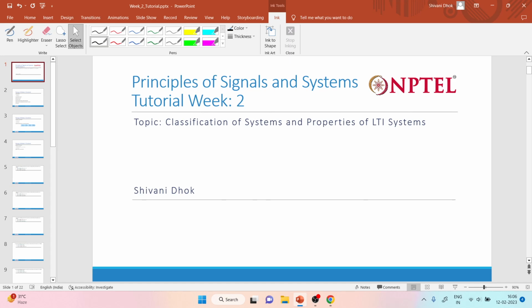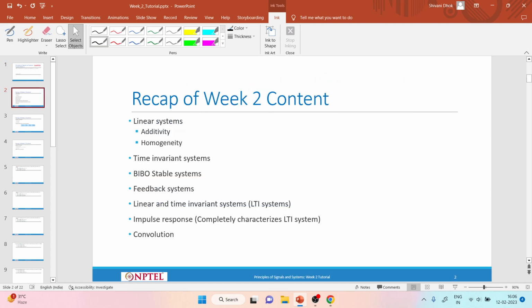Okay, so first let us have a small recap of whatever was covered in the second week. For system classification, the first classification that was covered was based on memory and causality, which was covered in the previous lecture. But let us first revise that also. So the first one was memory based.